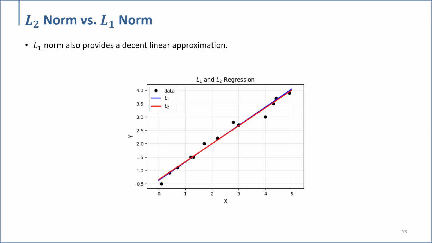And by plotting these results using the L1 and L2 norms, we can see that our predicted regression model represents the relation between x and y well. So from that, we can conclude that the L1 norm also provides a pretty decent linear approximation. And from that, you might be wondering, then what's the difference between the L1 and L2 norm?